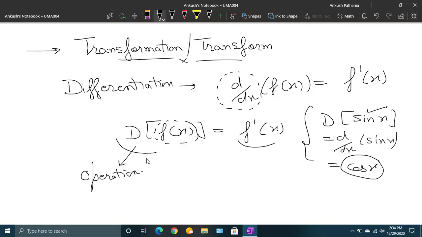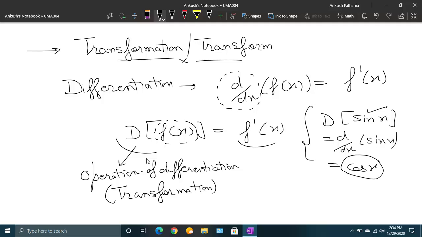So the operation of differentiation that we are using here is a transformation, and on applying this operation, the function you get, that is its derivative, is your transform.